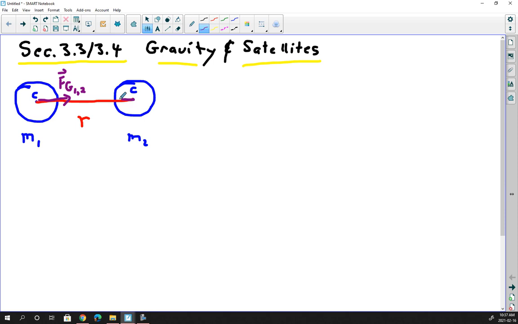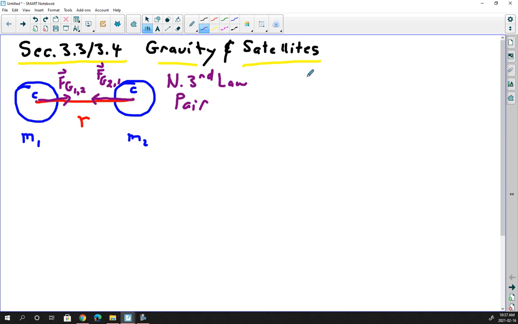And because of Newton's third law, we're going to have the force of gravity on object 2 because of object 1. So these are definitely Newton's third law pairings of forces.